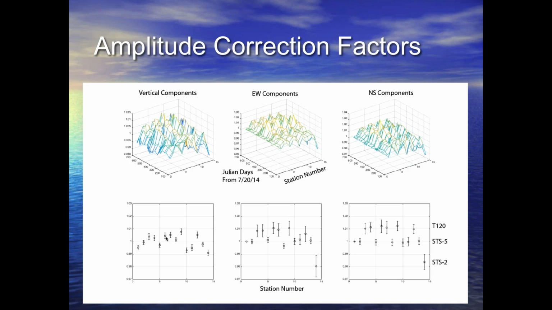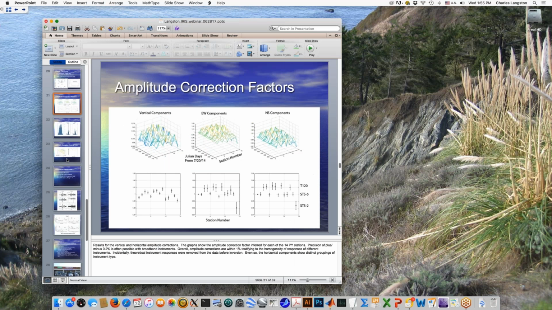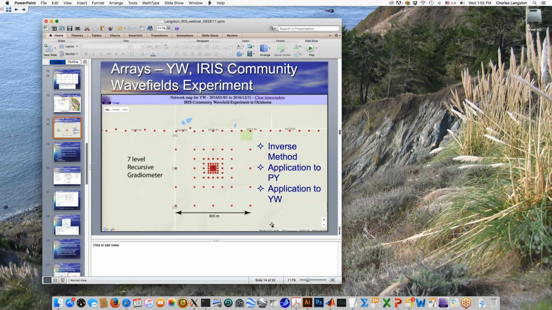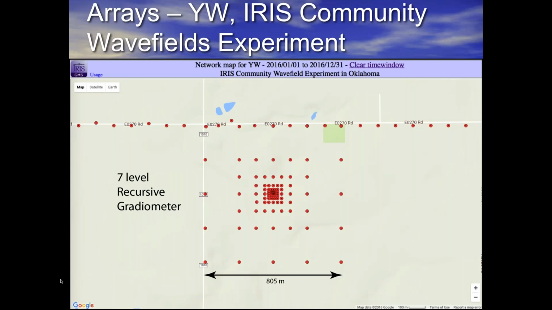And let's see now, the minimum, the gradiometer, okay, so the gradiometer is 800 meters across, and we're looking at 2 to 3 second teleseismic P waves, which are going at maybe 15 kilometers per second, and so that's a 30 kilometer wavelength.